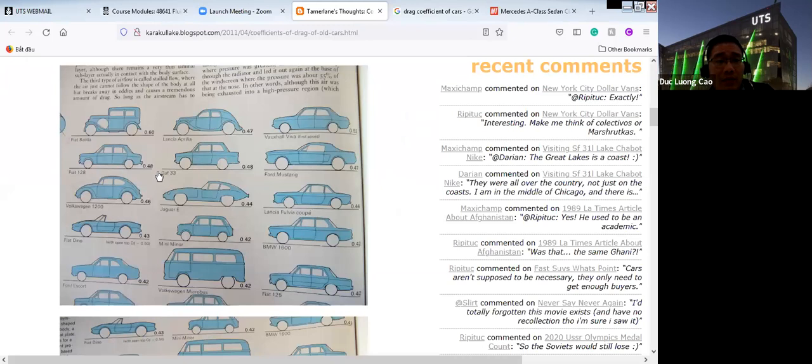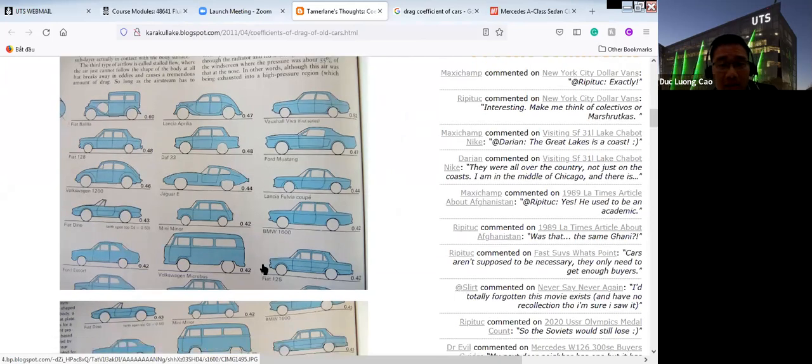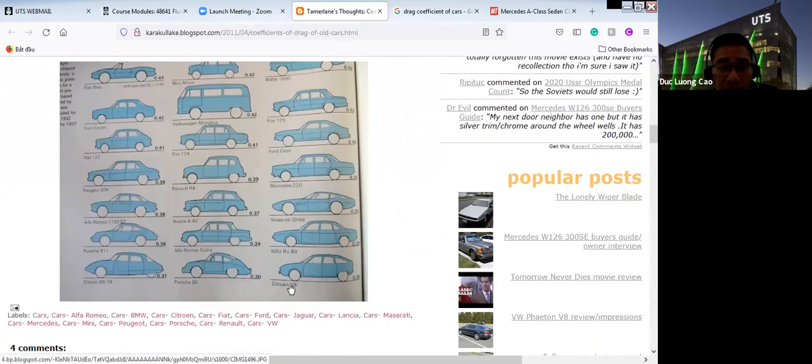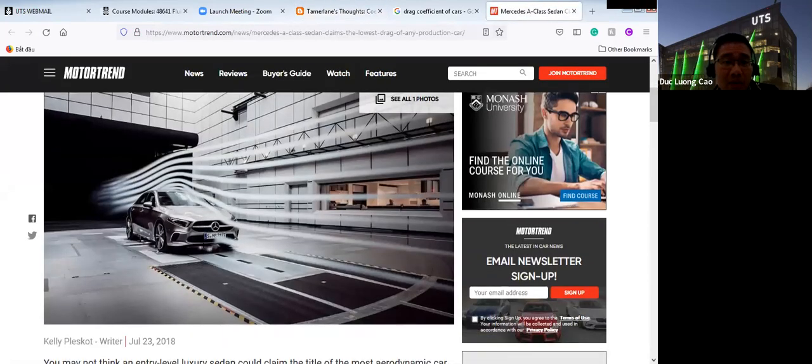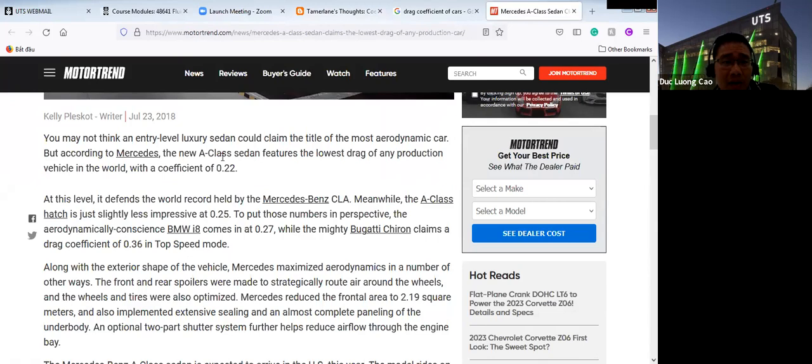Here with different models you have different drag coefficients CD. For example, around 0.6 for Fiat Balilla, for Citroen GS 0.3, for Mercedes A-Class 0.22, for BMW i3 0.27, Bugatti Chiron 0.36.